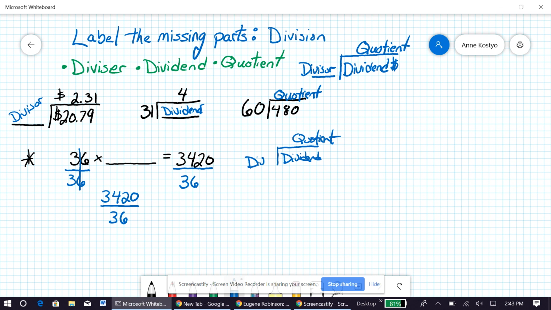Now, if we have a fraction and we are still using the divisor, dividend, and quotient, a fraction, we would have the dividend on the numerator, and the bottom, or the denominator, which is down under, would be my divisor.